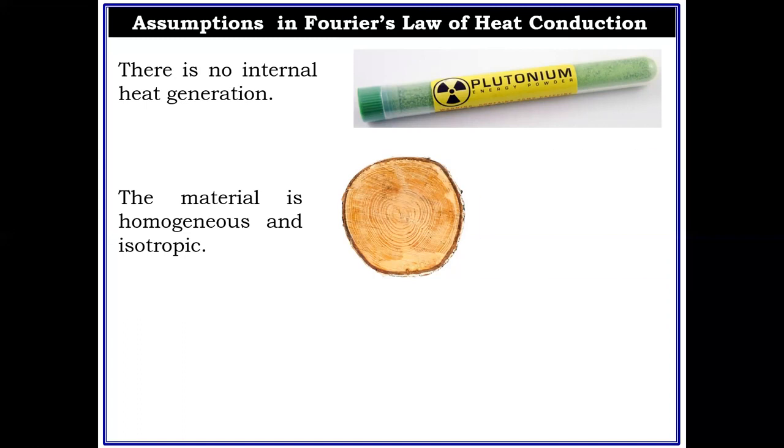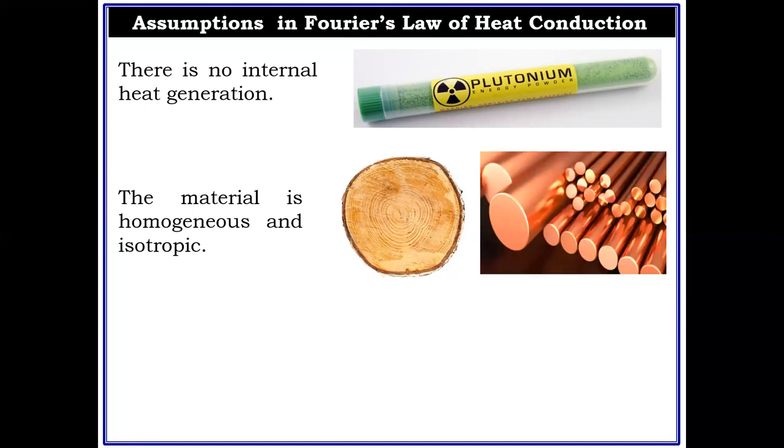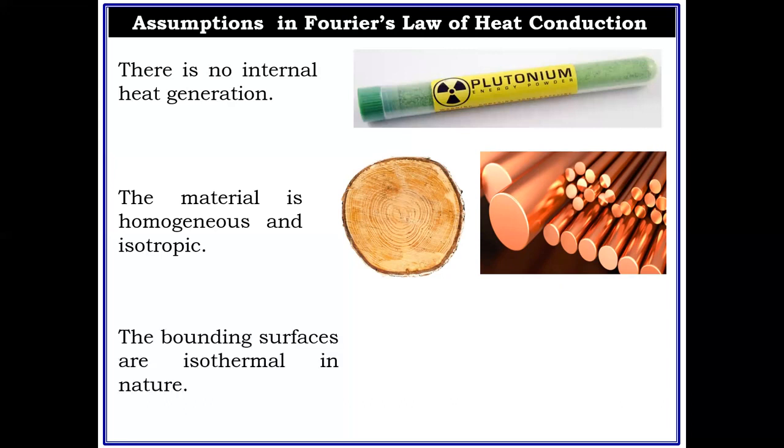And isotropic means the material has the same thermal conductivity in all directions, which is not the actual case, because thermal conductivity differs in different directions because of grain structure. But here we assume that it is homogeneous and isotropic.